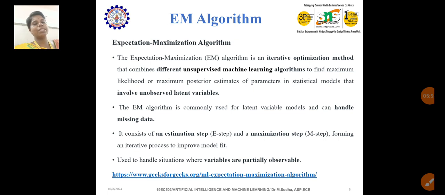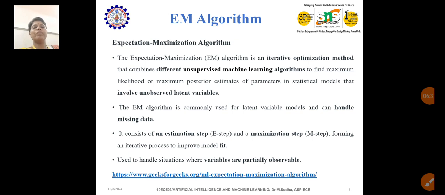If the expected outcome is not reached at the M step, it will come back to the E step, make the distribution again, and go to the M step. Likewise it iterates, with some ratio of iteration, until a very good outcome is possible. It is used to handle situations where variables are partially observable. This is how the EM algorithm works.